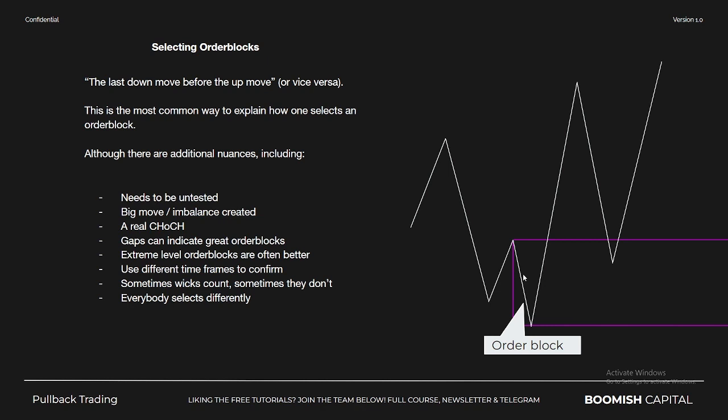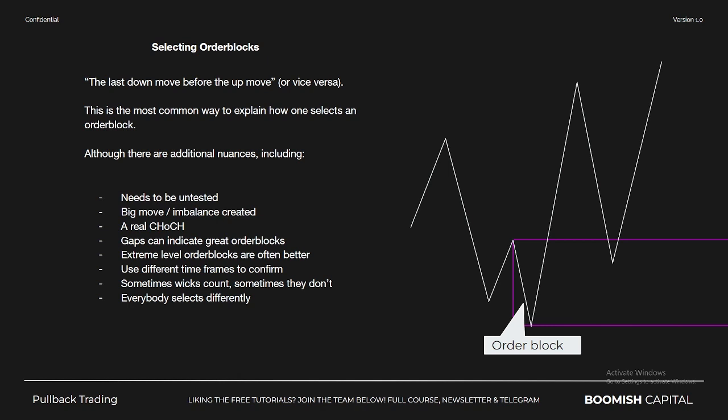Sometimes people use wicks, and wicks are usually the thing that most people have a dispute over. So is a wick included in the order block, or is it excluded from the order block? That is usually the biggest dispute. But again, there are different types of order blocks and different types of people that pick them, so it's completely irrelevant.